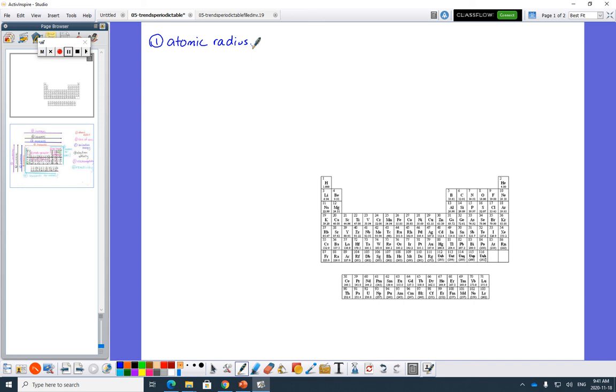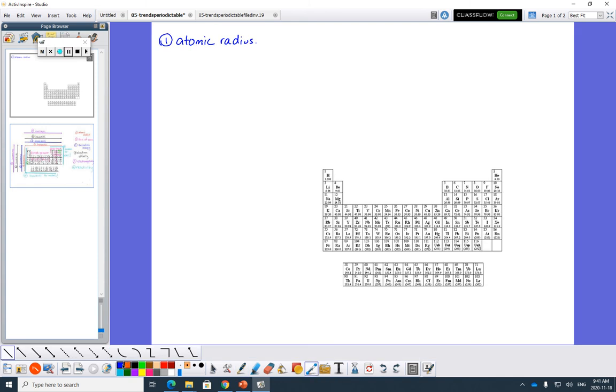Yes, when I go down, I know in my Bohr-Rutherford diagrams, it was like row 1, 1 shell, row 2, 2 shells, right? So it automatically gets bigger. So try not to discredit what you already know. Okay, so it increases this way and this way.